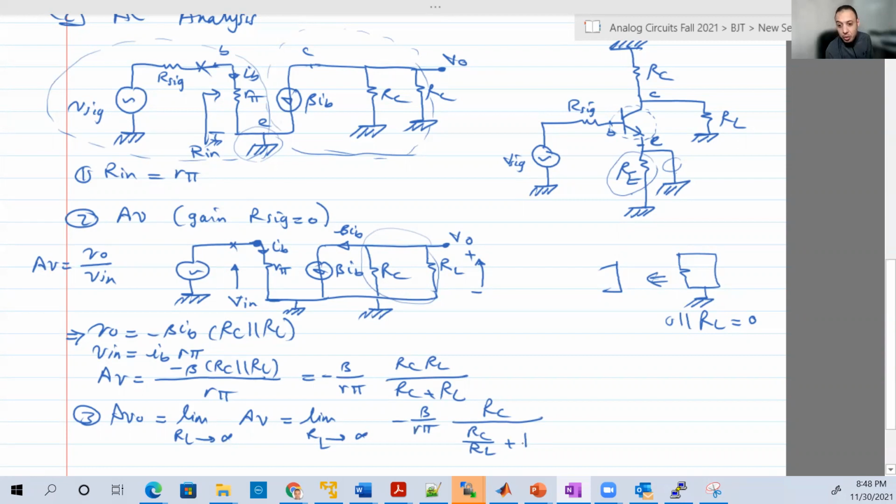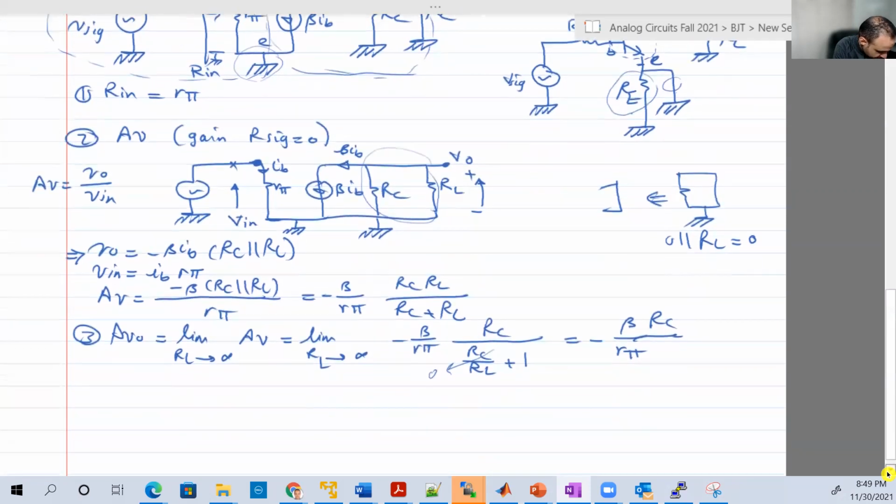Now you can put RL equal to infinity. If you put RL equal to infinity, that term will be 0. So that will be minus beta RC over R pi. That's it. Always the difference between AV and AV naught is the term that has something parallel with RL. Okay, RL will go away in AV naught, and that's AV naught.